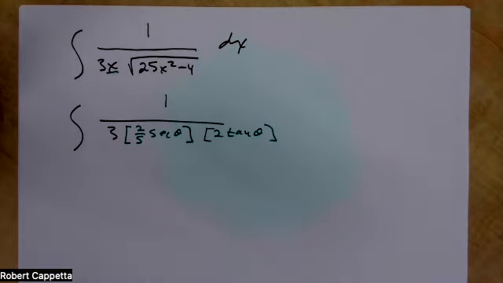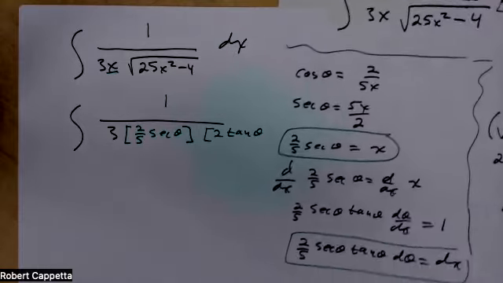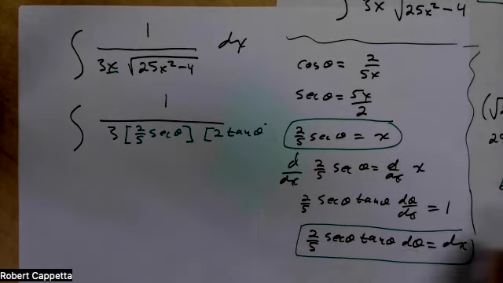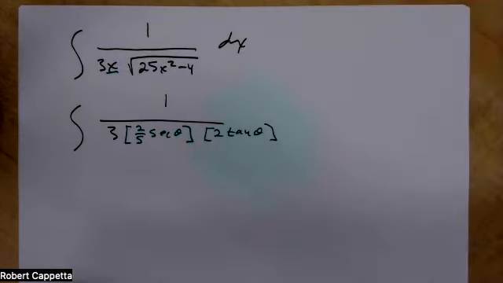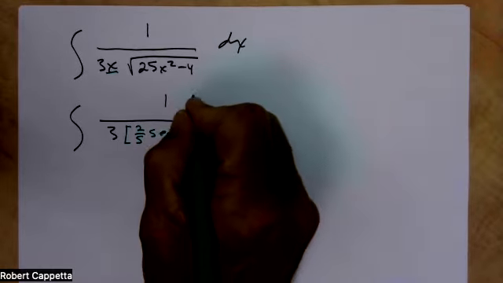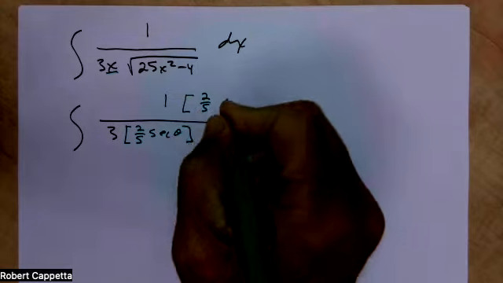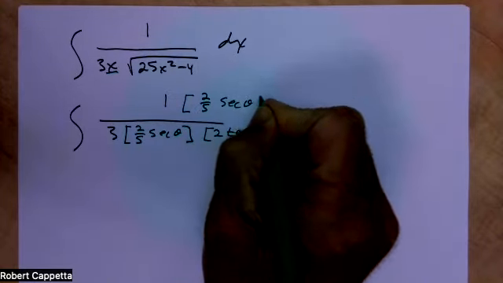And then what is dx? What did we say dx was? Dx was 2/5 sec theta tan theta d theta. We get 2/5 sec theta tan theta d theta.